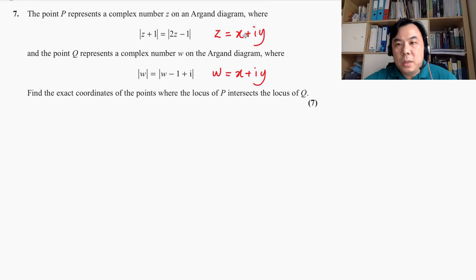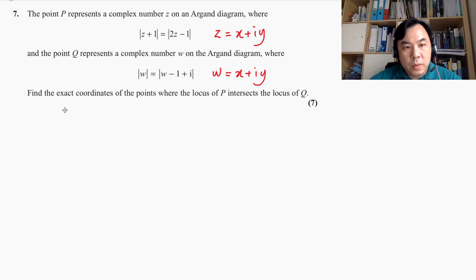In this case, I purposely make it as x, y is because they will meet at a common point. So when they meet at a common point, both their x and y must be the same here, right? Now I'm going to work out the locus for P to prove to you that this is actually a circle. So all we need to do is now consider this first locus.